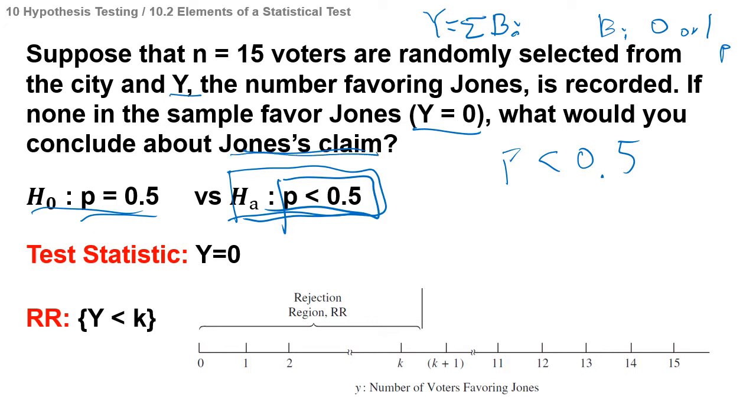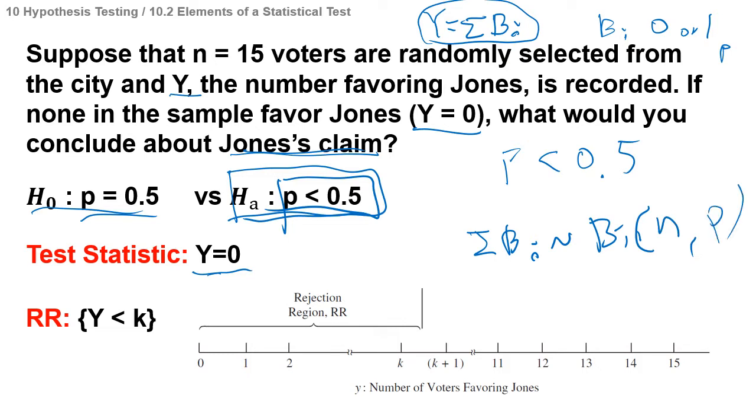And for this example, the test statistic is Y, the sum of Bernoulli trials, and that is 0. Actually, the sum of Bernoulli trials follows a binomial distribution with n and p.